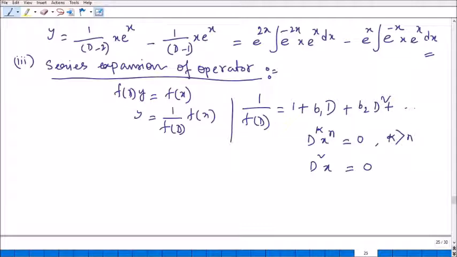Now let us discuss an example. Suppose the differential equation is y double dash minus 6y dash plus 9y equal to x square.